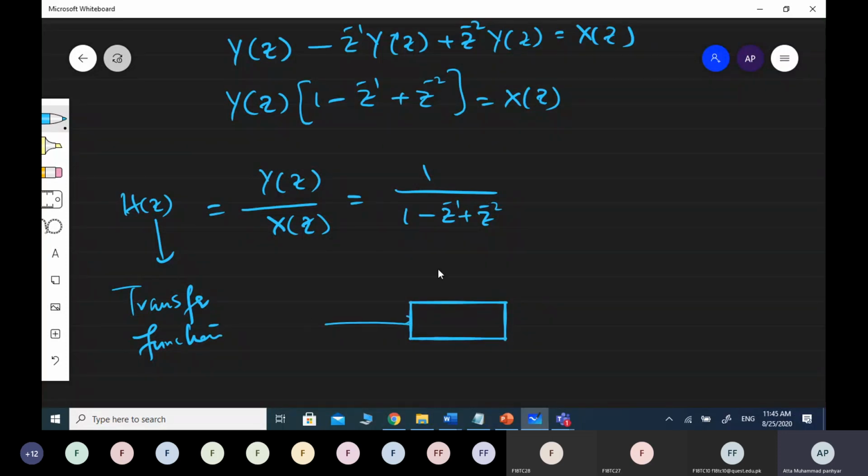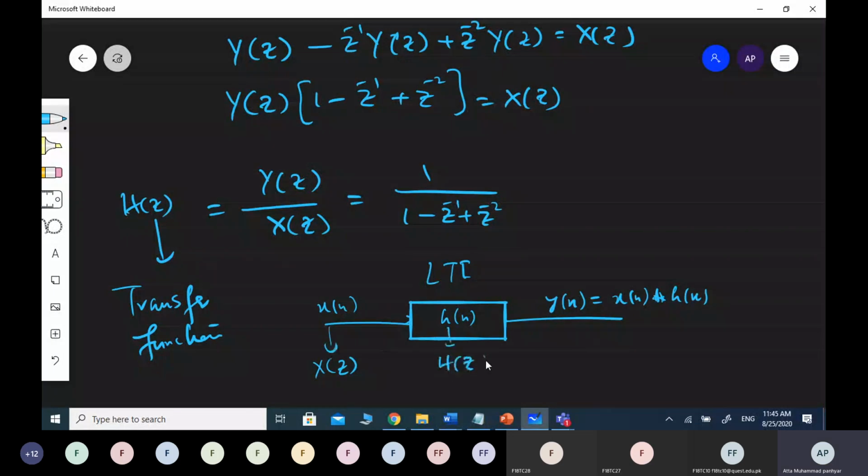If its impulse response is h of n and we give input x of n, then at the output we receive y of n, equal to x of n convolved with h of n. In z domain, the equivalents are X of z, H of z.